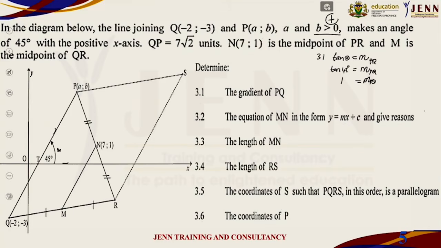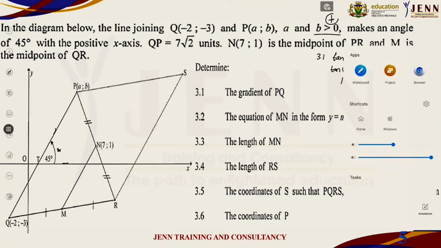Then the last question, 3.6, determine the coordinates of P. Please take a picture and take note, because I am going to go to a whiteboard. I do not have sufficient space to address all these questions here. So just take note of the sketch as well as the question.